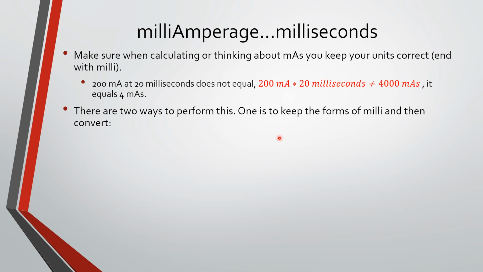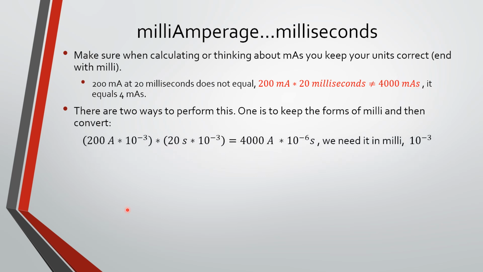Whichever way you decide, or maybe there's another way of thinking about this, as long as you have it straight in your head, you need to make sure that you're aware of this milli. Okay, so this is a unit issue because we want to end in milliamperage seconds. We don't want to end in milli milliamperage seconds, and we'll see how this goes right here.